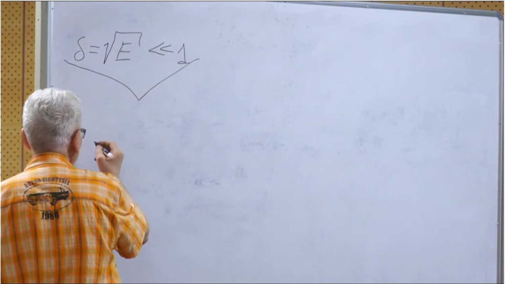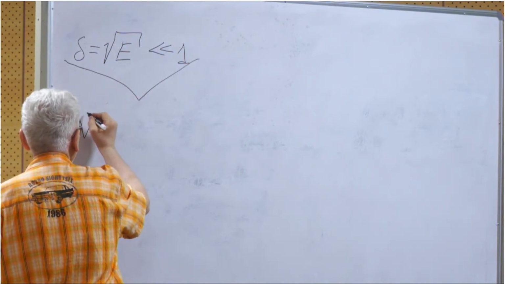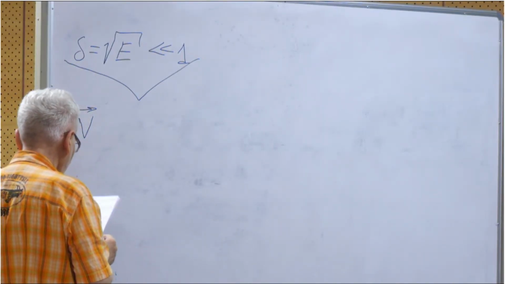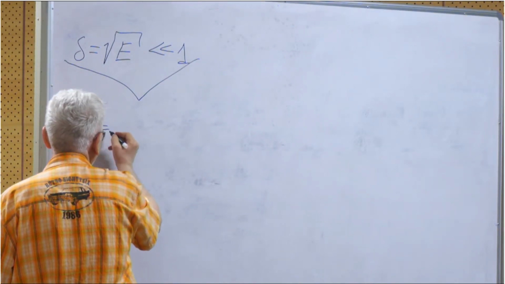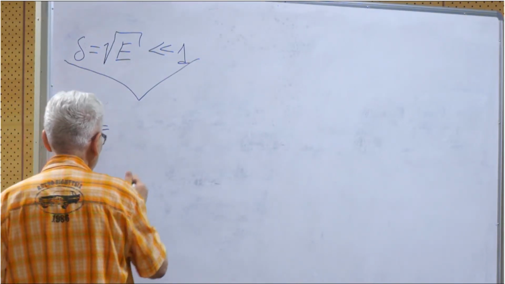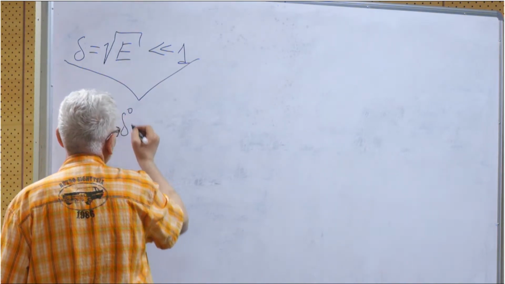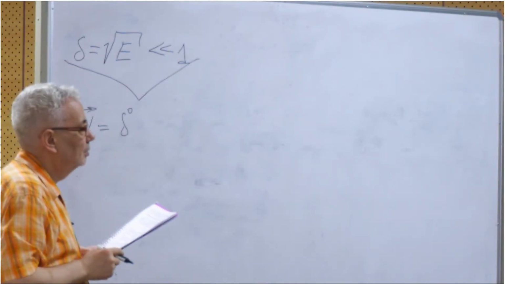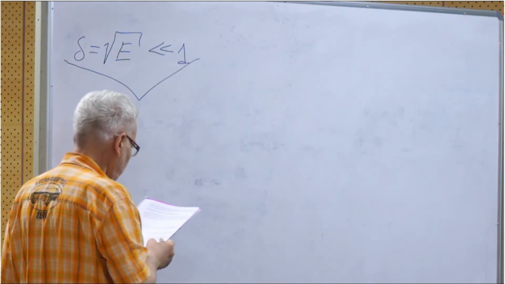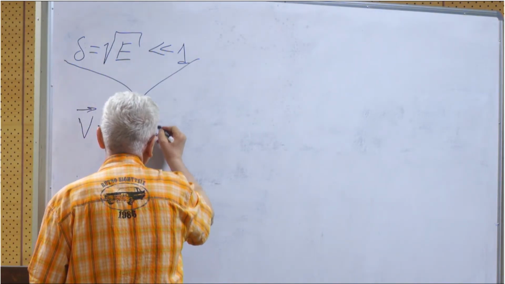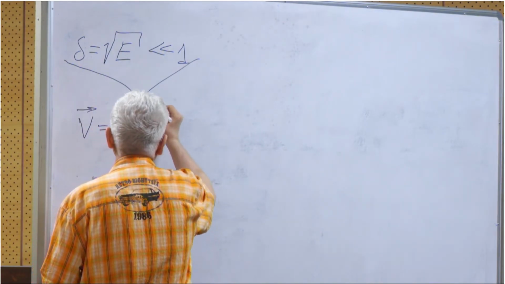We expand very simply. We just take the velocity field, the initial velocity field, then we expand it to the zero order. At zero order, we just suppose that the expansion parameter is zero, and correspondingly we have the V0 approximation.